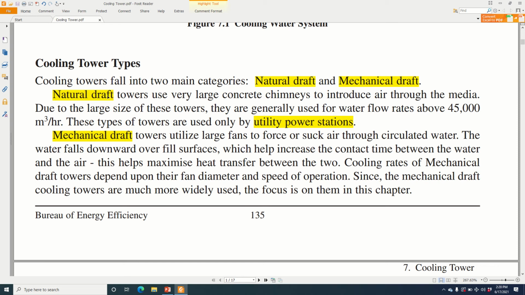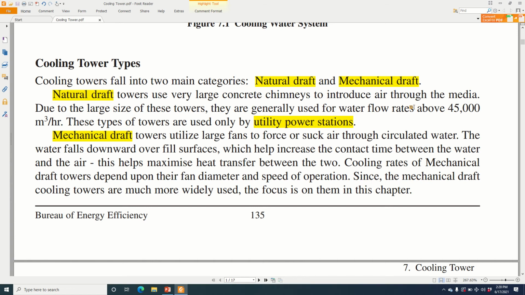I will first explain what a natural draft cooling tower is. Natural draft cooling towers use very large concrete chimneys to introduce air through the media. They are typically used in power stations. They are of very huge size.